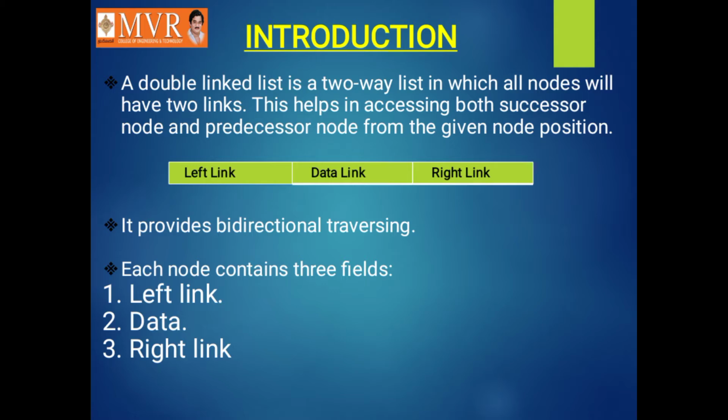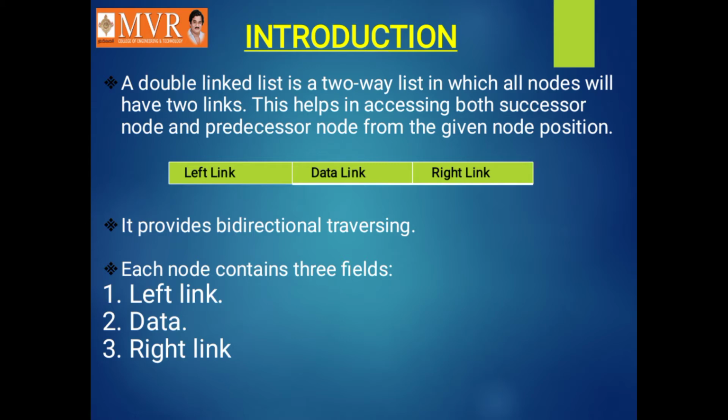It provides bidirectional traversing. Traversing means visiting all the nodes of the linked list at least once. That is, we start from the header node, then move to the first node, then the second node, then the third node, and so on. Then we stop there and traverse back.